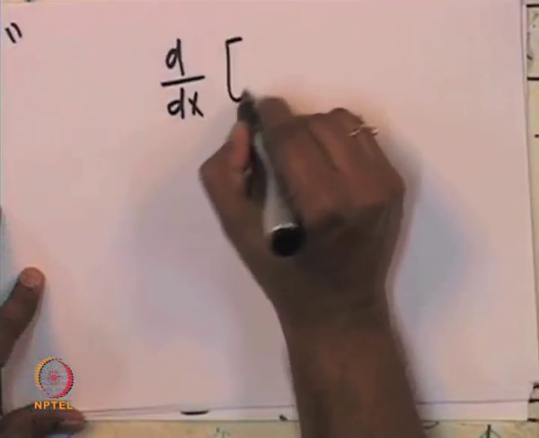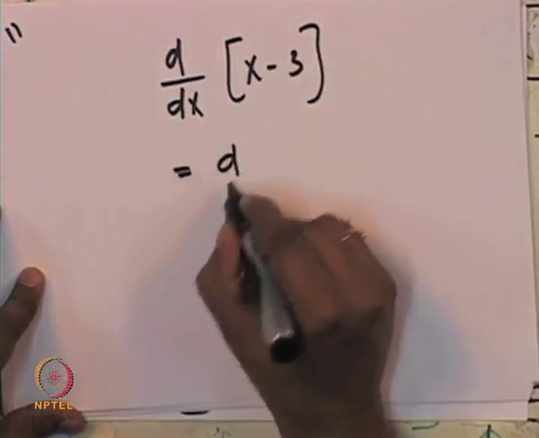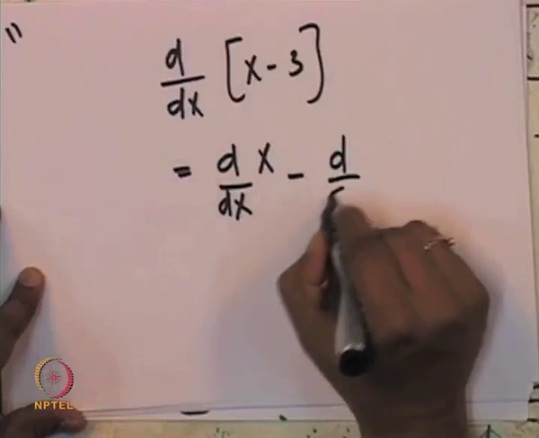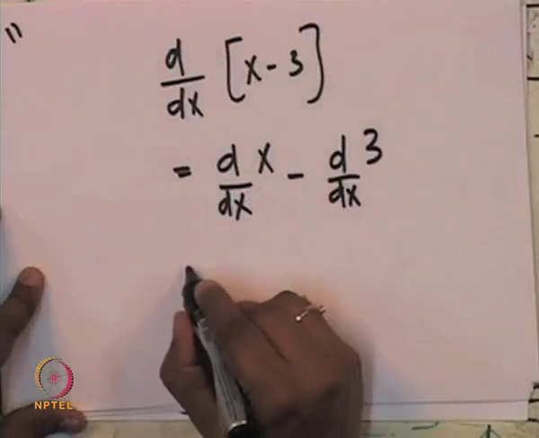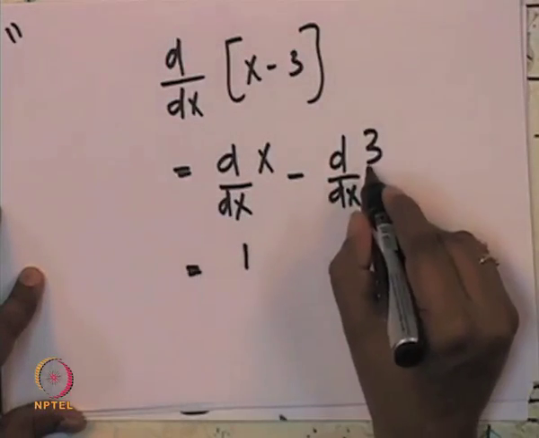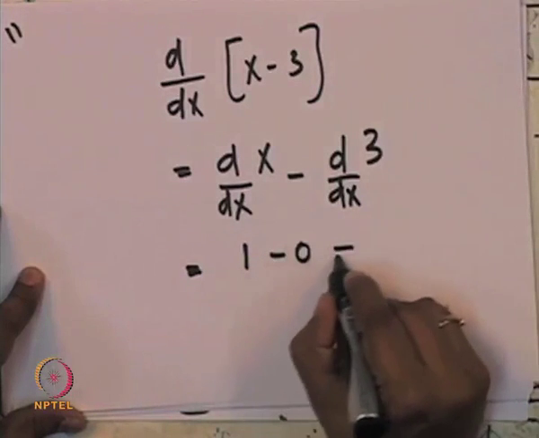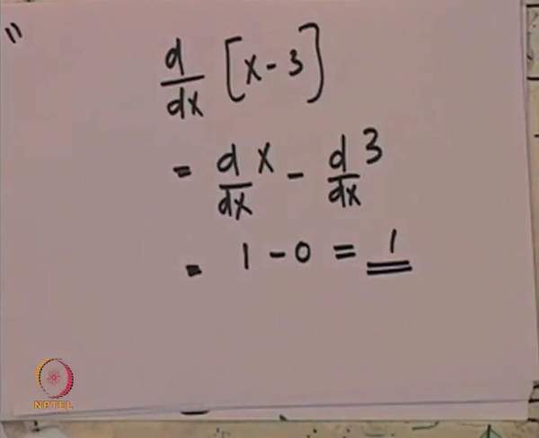We want d by dx of x minus 3, which is nothing but d by dx of x minus d by dx of 3. d by dx of x is 1 and the derivative of 3, as a constant, is 0. So, 1 minus 0 is equal to 1. So, the answer is actually 1, that is what it is.